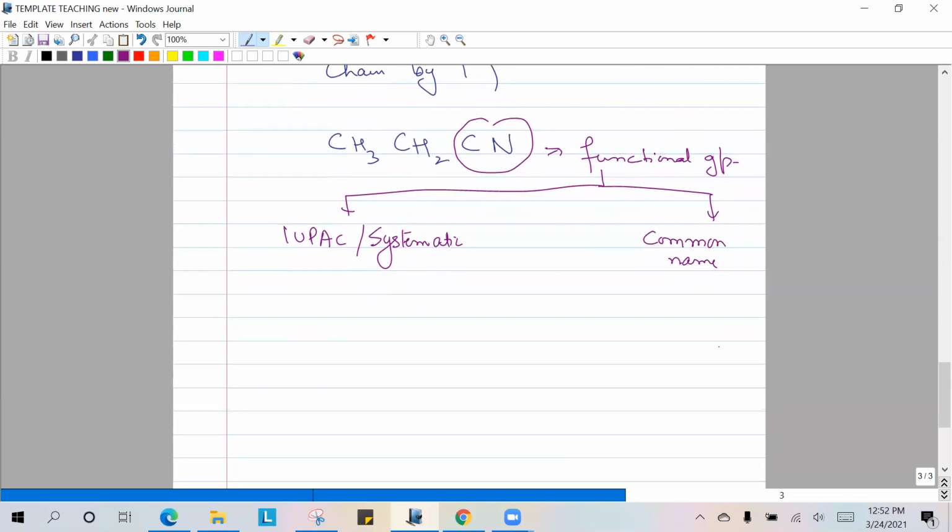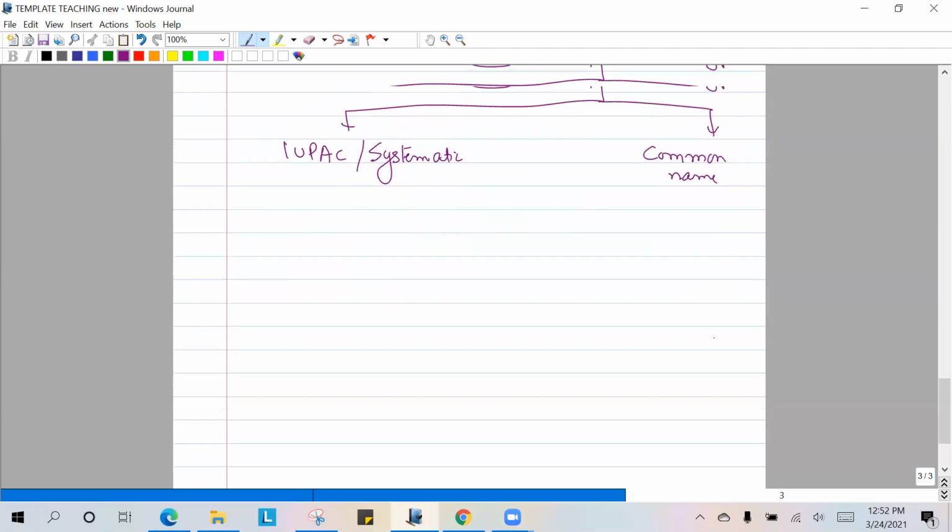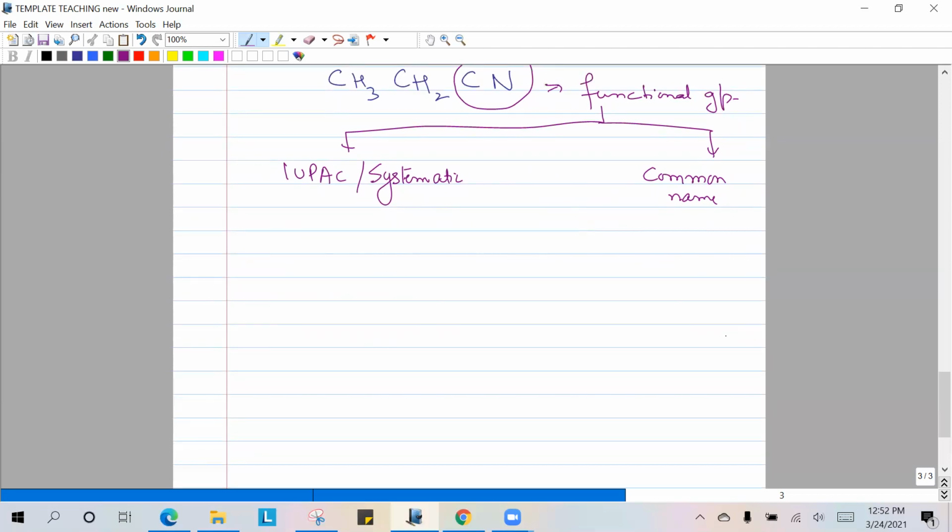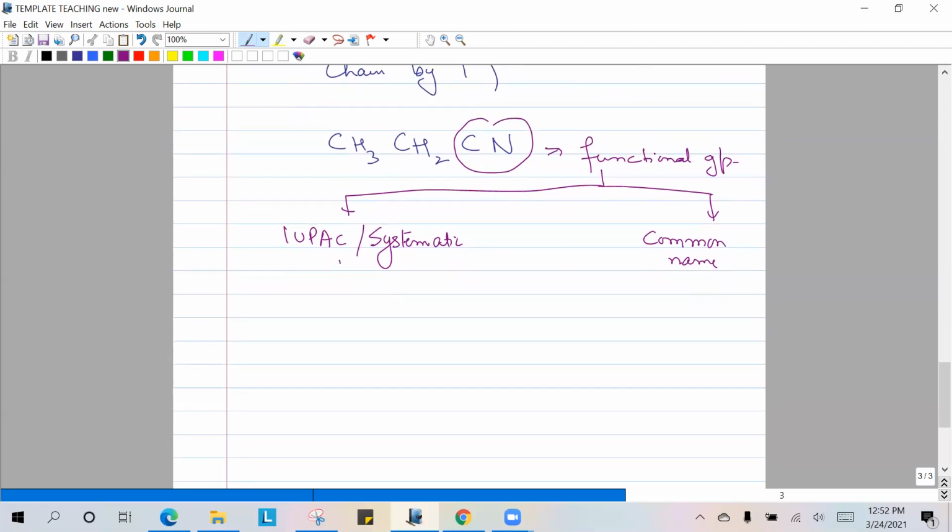Both ways they are named, so we will talk about both. In terms of IUPAC naming, they are named as alkane nitrile. So when you see the word nitrile, it is an indication that it is a cyanide. While in the common name, they are called alkyl cyanide.